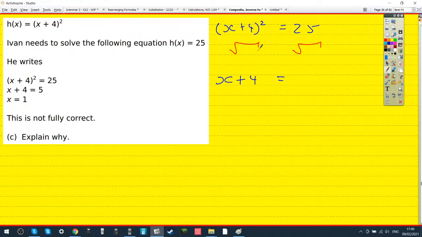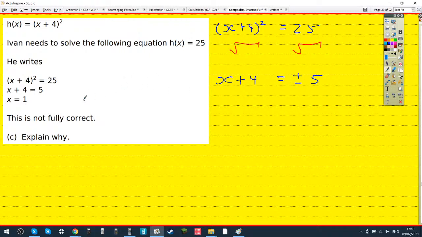They just cancel each other out. So x plus 4 squared, square root, it just becomes x plus 4. And so the square root of 25 is 5. Is there another very similar number? Plus or minus 5. Yes.